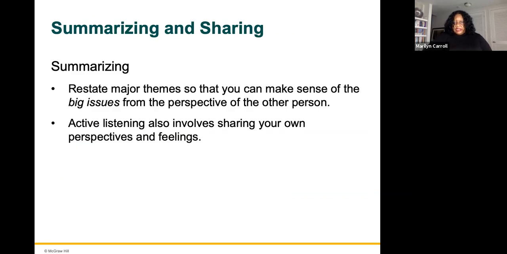So let's summarize and share. Restate major themes so that you can make sense of the big issues from the perspective of the other person. Active listening also involves sharing your own perspectives.